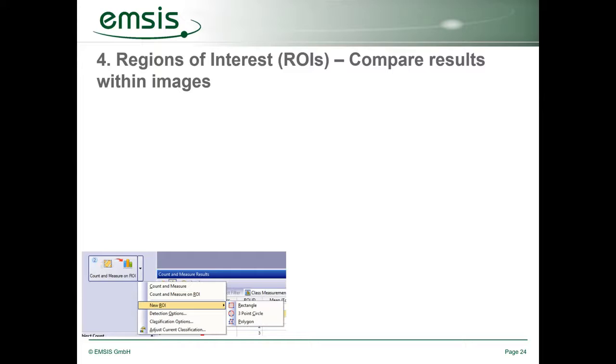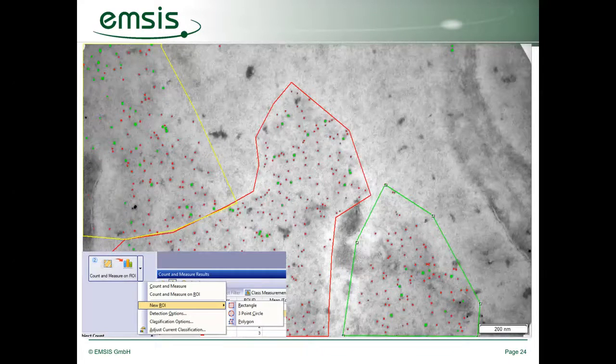A region of interest can be defined as a rectangle, as a circle, but also as a freehand polygon. I have created here, as an example, 3 different regions of interest, each identified by its own color, so that later on you can link the results easily to the respective ROIs.